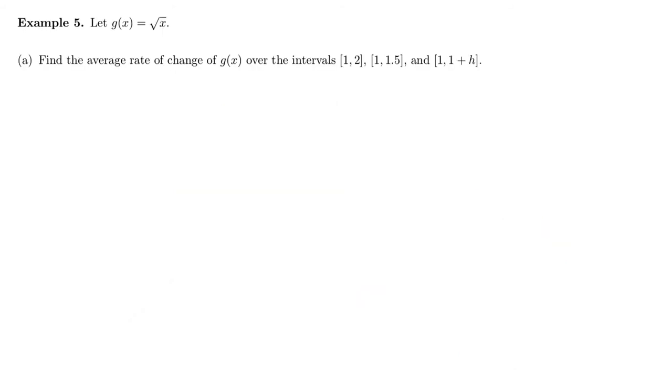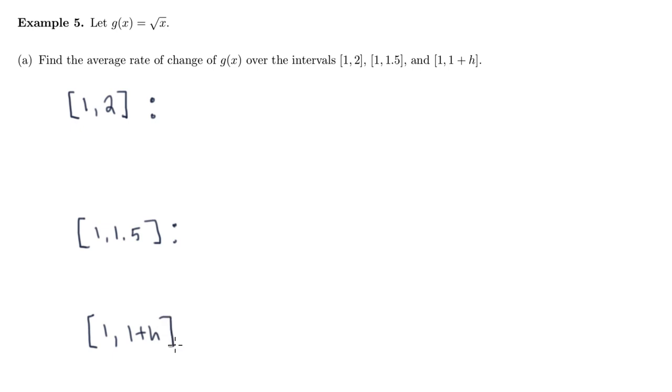Okay, so here we have a different function. g of x is equal to the square root of x. So again, we want to find the average rate of change of g of x over these intervals. The interval from 1 to 2, the interval from 1 to 1.5, and then the interval from 1 to 1 plus h.